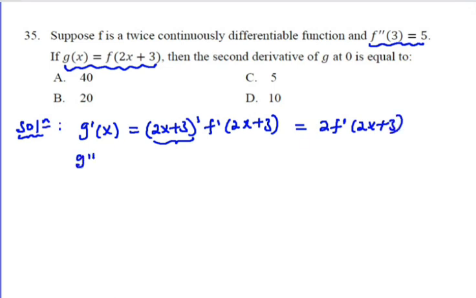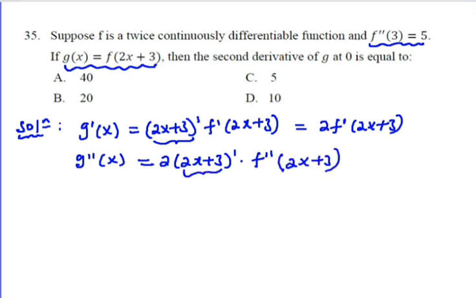Now the second derivative of the function: again we apply the chain rule, which gives 2 times the derivative of the inner function, which is 2, times the second derivative of f at 2x plus 3.